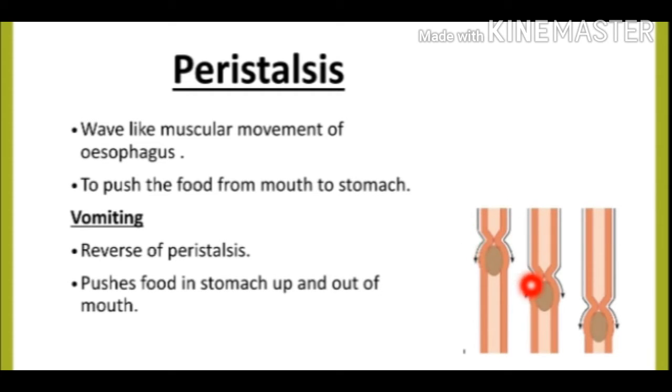That's why it is called peristaltic movement, and this process is called peristalsis. But sometimes peristalsis occurs in reverse. That means instead of food going into the stomach, it comes out of the mouth. This process is called vomiting.